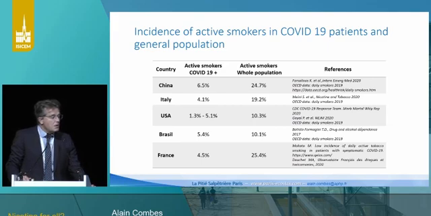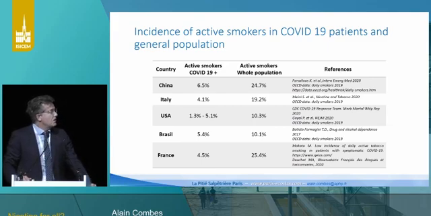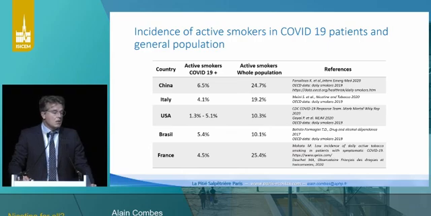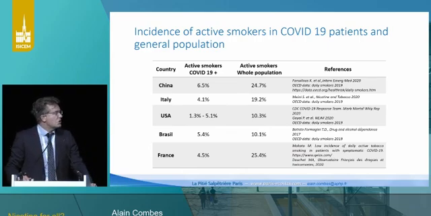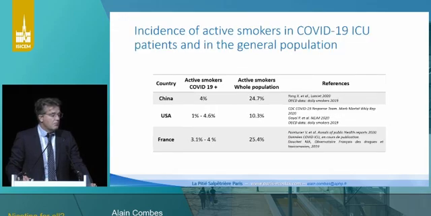And when looking at the first epidemiologic data from COVID patients, there were actually much fewer smokers than expected, a rate between 1 and 5%. And it was just the same for patients hospitalized in ICUs. Here data from China, USA, and France.